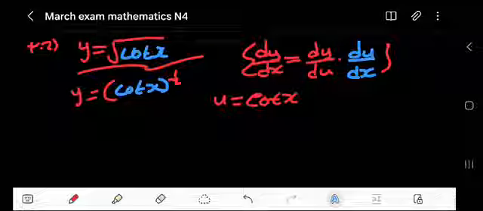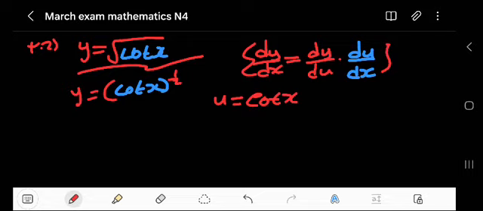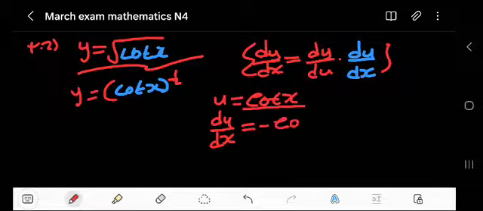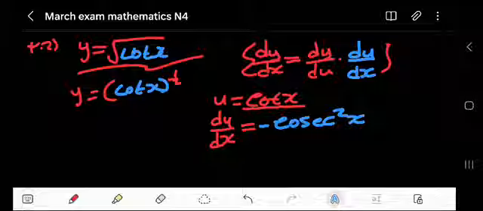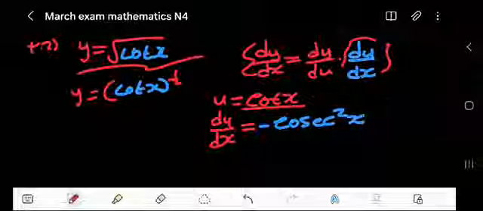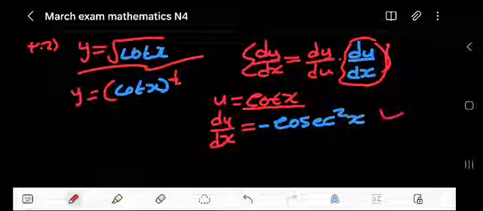When you differentiate cot x, it will be negative cosecant squared x. This is on your formula sheet if you've forgotten it. Now we have this already, so let us go and find dy over du.